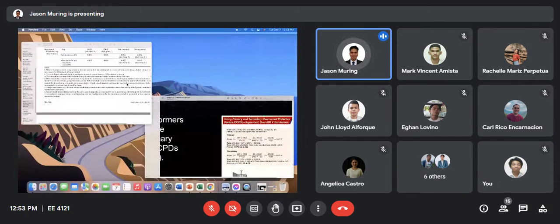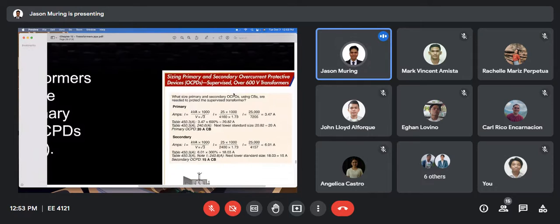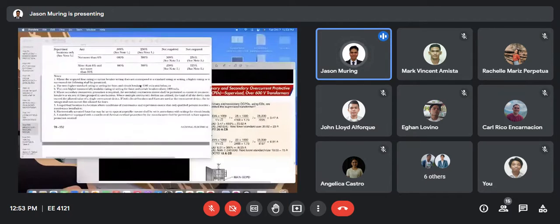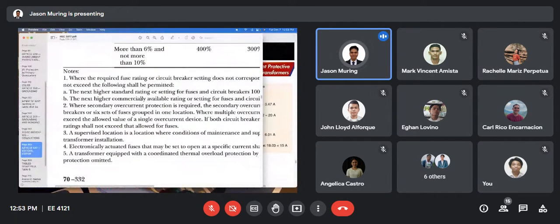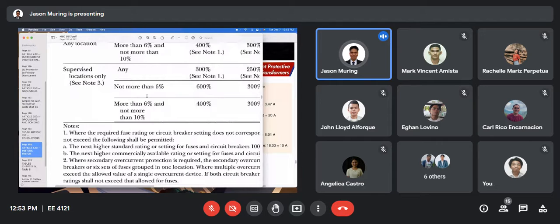Okay, so let us just follow this one. Since this is the latest, actually not the latest now because we already have 2020, but this is later than this one. So we use these notes here that we need to use next higher as long as we don't exceed the next standard rating.